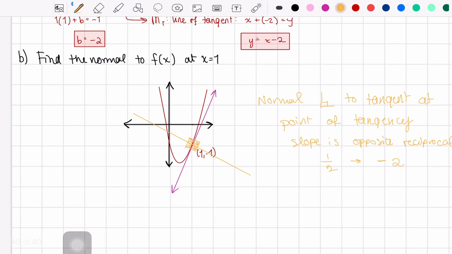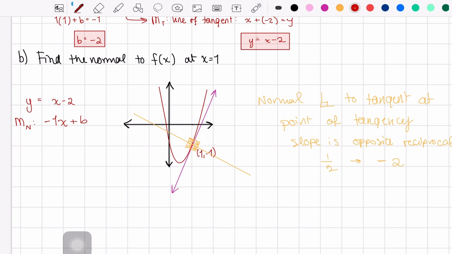So to find the normal, we take our line of the tangent, which is y equals x minus 2, and we're going to find the normal. So let's say m_n. We know our slope is 1, because 1 over 1 is the same as 1 over 1, but it's going to be -1x plus b.